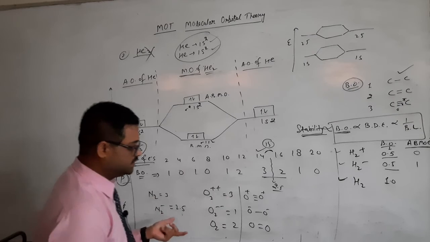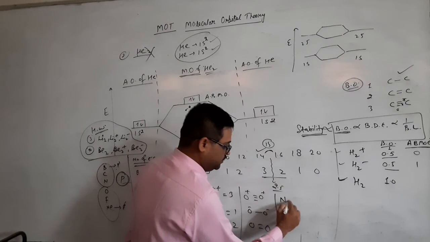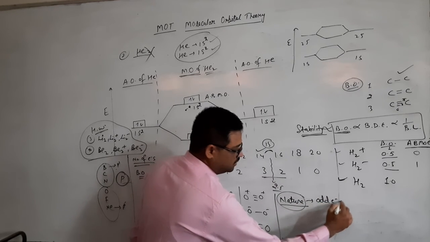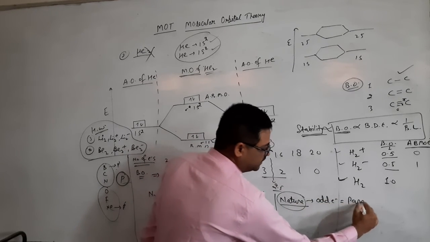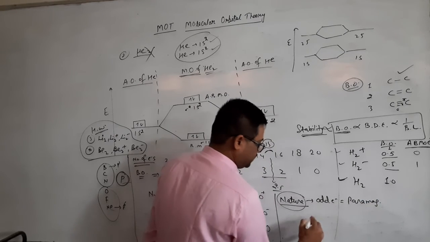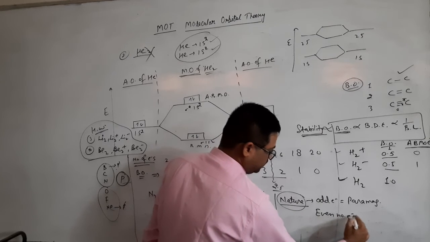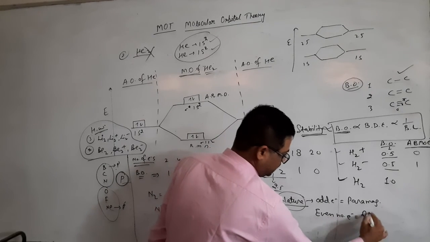And one more thing is there, the nature. You can determine this also. If there is an odd number of electrons, then it will be paramagnetic. And if there is an even number of electrons, then diamagnetic.